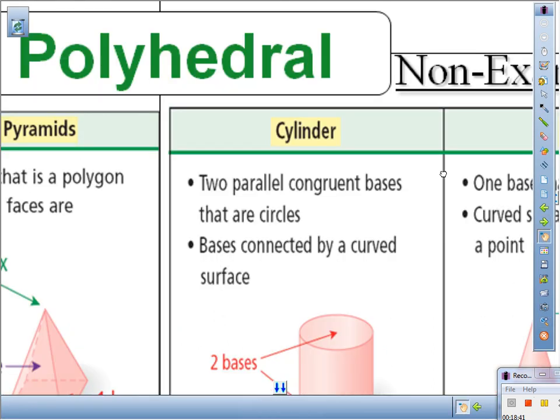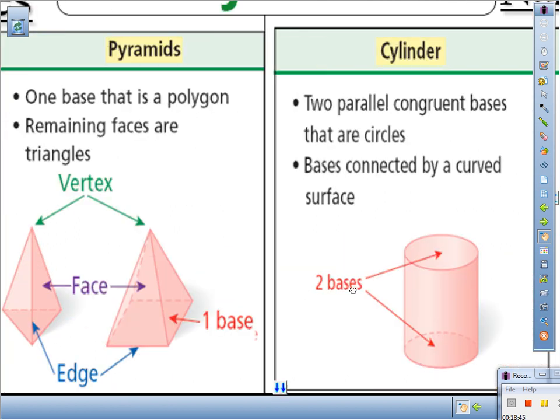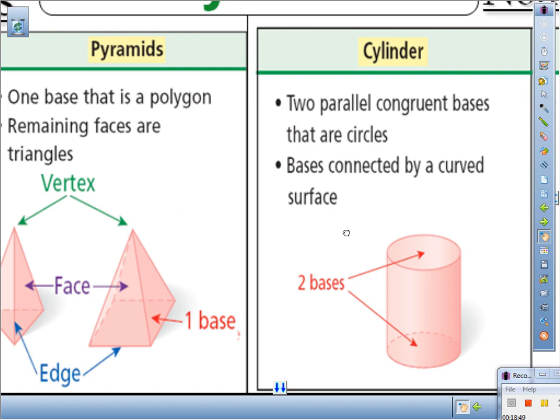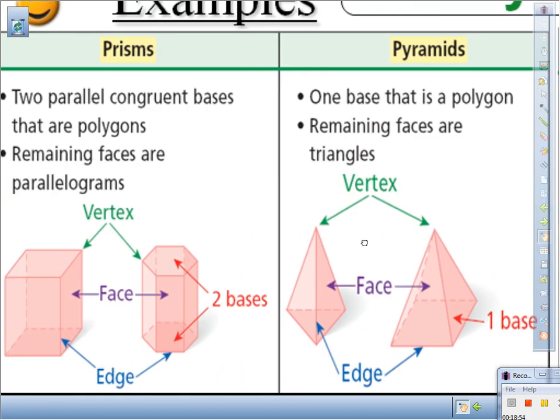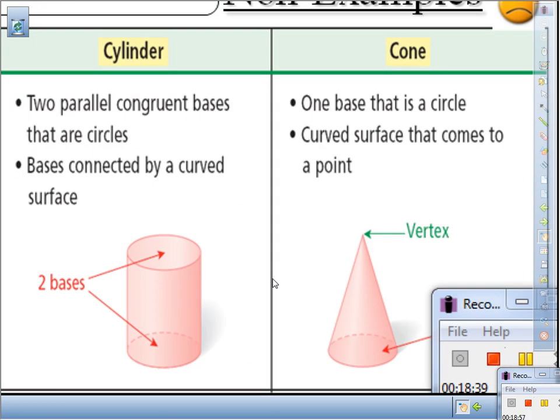Now look at these. And look at these. Talk it over with your neighbor, let them know why these are not polyhedra.